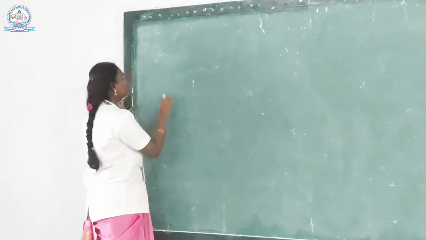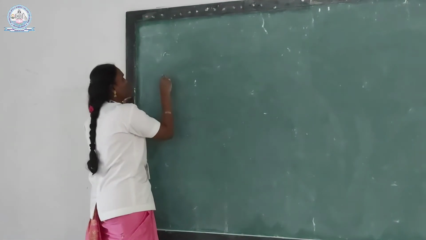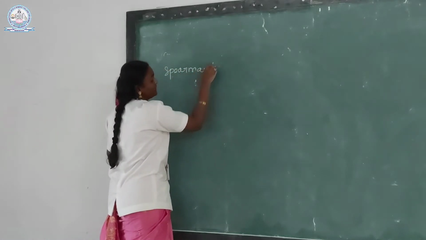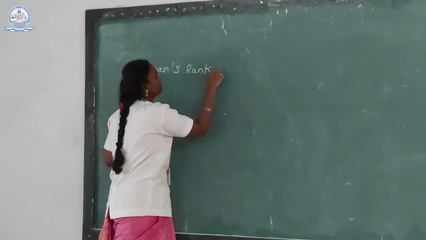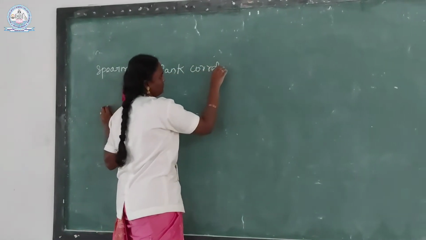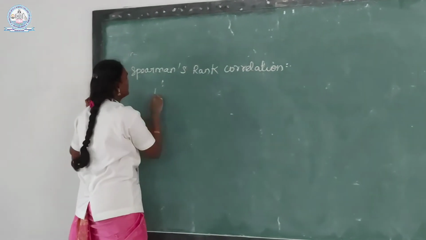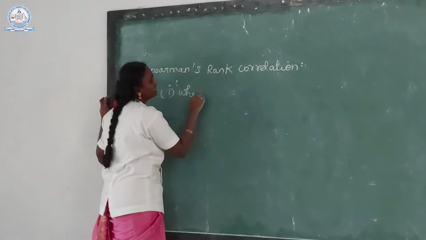Next we have to see the formulas for rank correlation, Spearman's rank correlation. Already I said the Spearman rank correlation formula is used for three different cases. The first case is when the ranks are given.